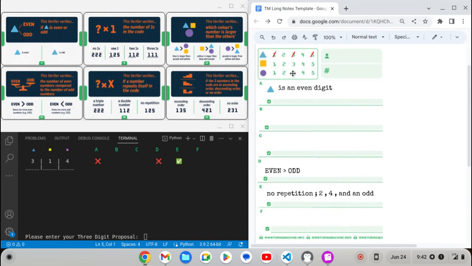If not, maybe default to 3. So yeah, so let's do that. Let's say 2, 4, and then I'll say that there is a 1. So let's go with that, 2, 4, 1.